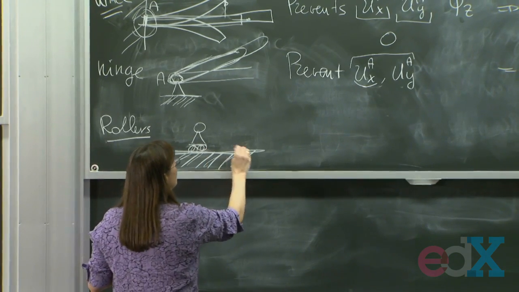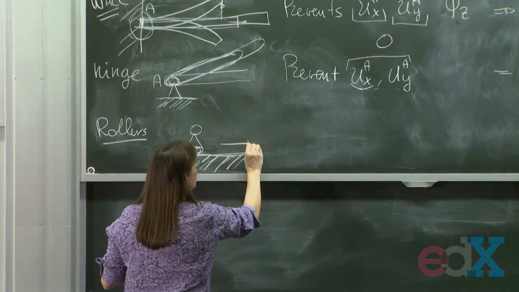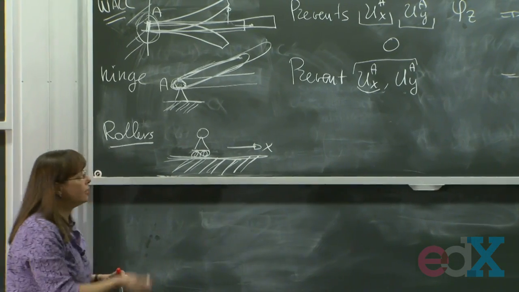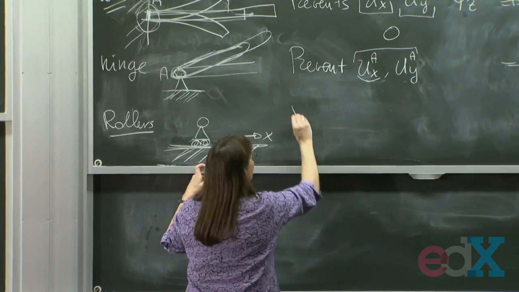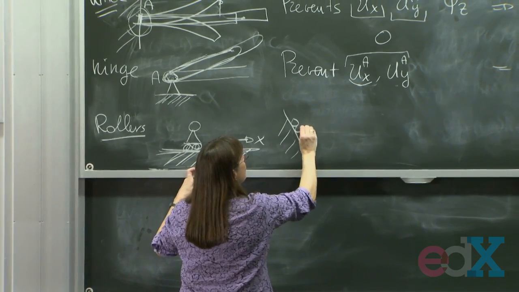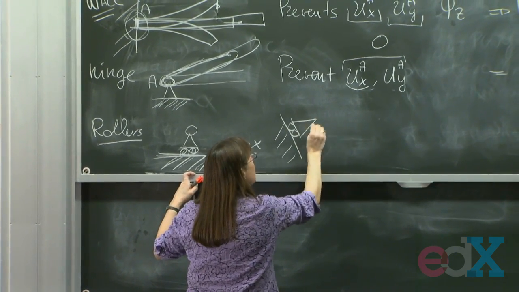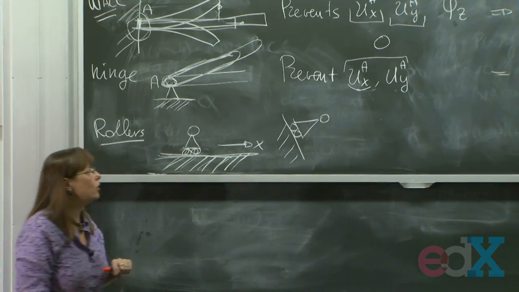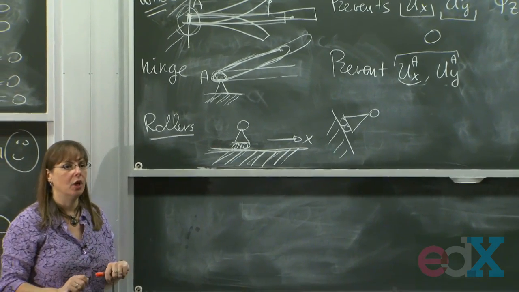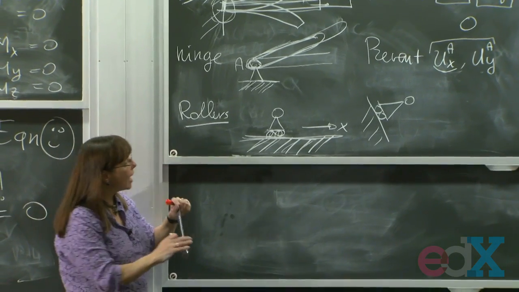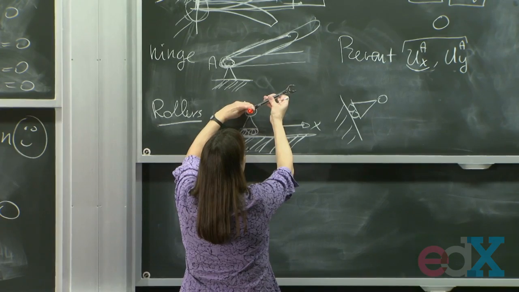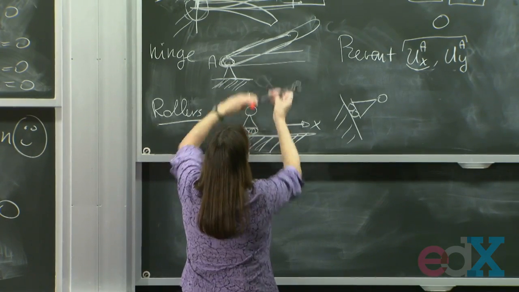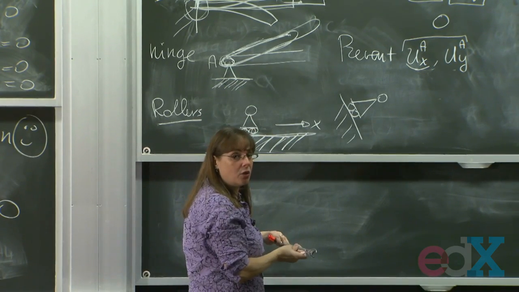So, for instance, if this was the x direction, notice that I can draw it this way. I may have a roller that is shaped like that. Doesn't mean that it always needs to be in the x direction. I can have a roller like that. Woo! Okay? So what the roller does is it can only prevent this point of the structure from moving orthogonal to the plane of the roller.